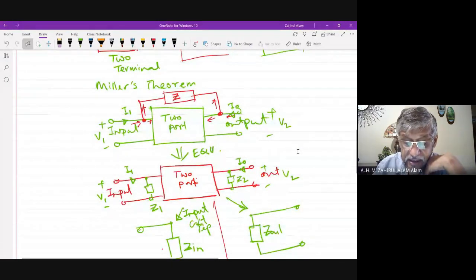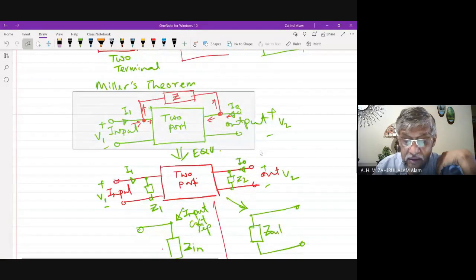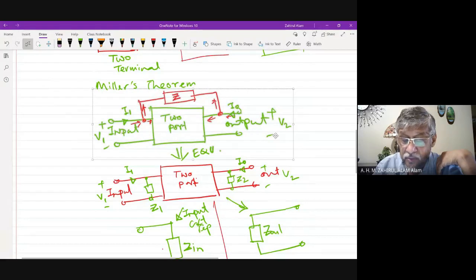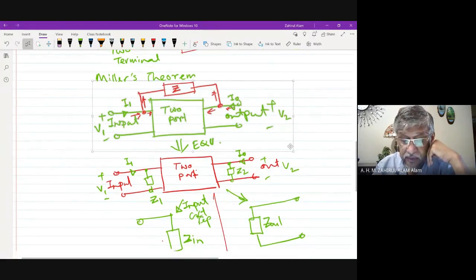Now, through Miller's theorem, in our circuit, I'm not going to derive the equation.